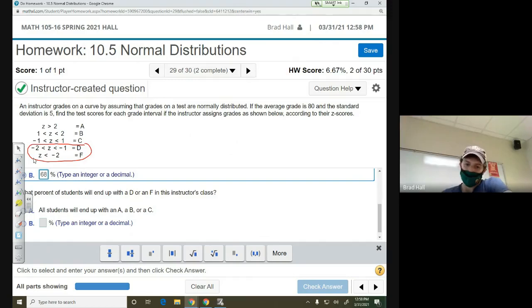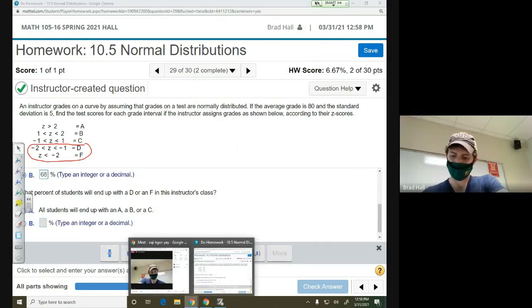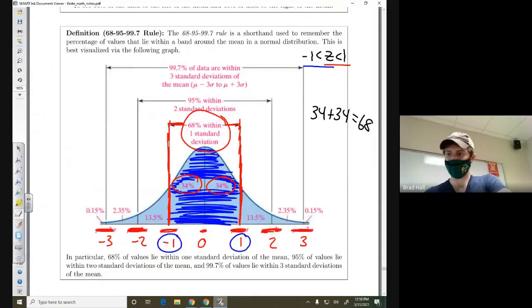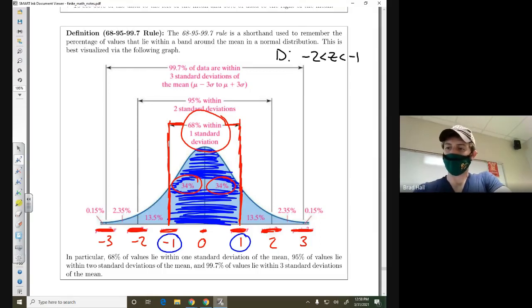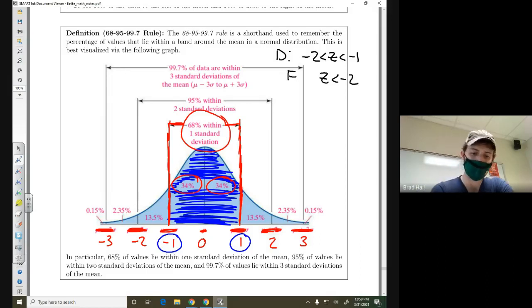I'd rather not do the whole problem, but I do want to give a nice hint now that you see the idea. So for the D grade, that was -2 to -1, and for the F grade, that's just z is less than -2.